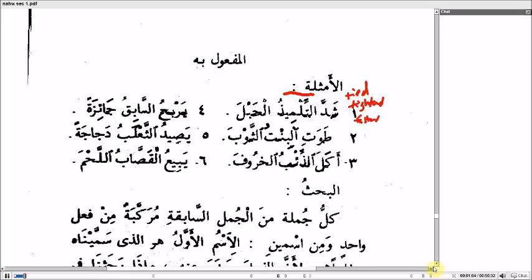Al-habl is the rope. وَاعْتَصِمُوا بِحَبْلِ اللَّهِ, hold together to the rope of Allah. And we'll go over the sentences in a minute. The student tied or tightened or fastened the rope.